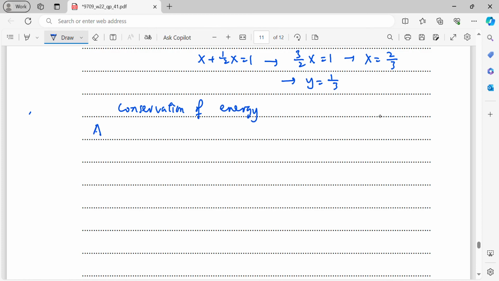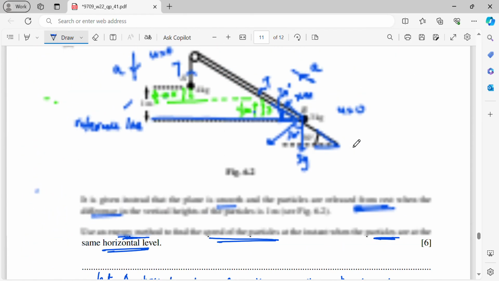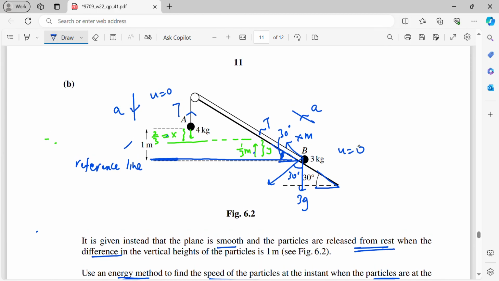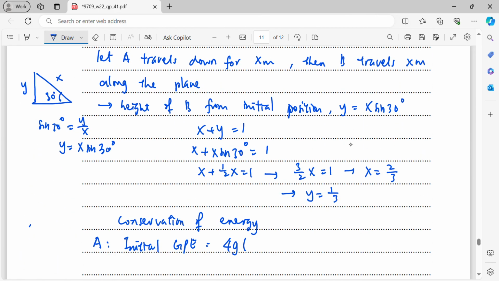For particle A, my initial GPE, gravitational potential energy, is mgh. Because I'm referring to this as the initial line, initially the height is 1. So initial GPE is 4g times 1. Initial KE, kinetic energy, since both are not moving, is 0.